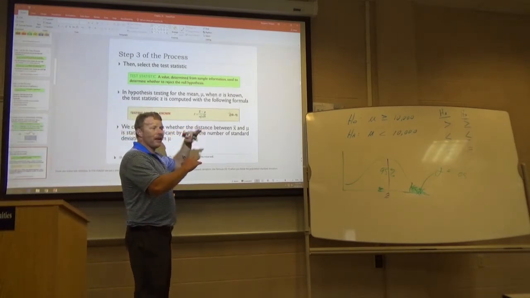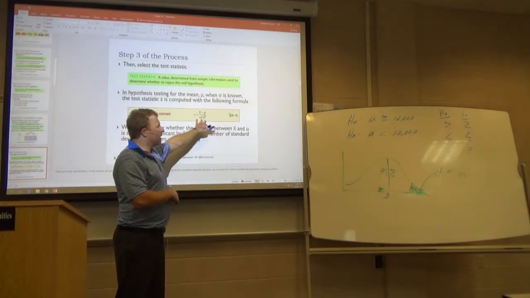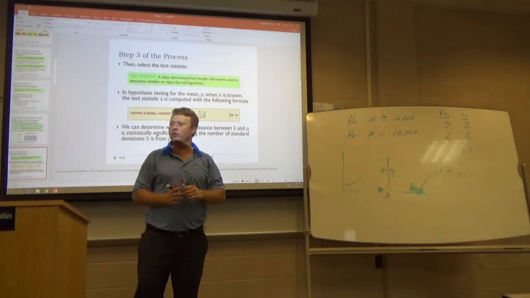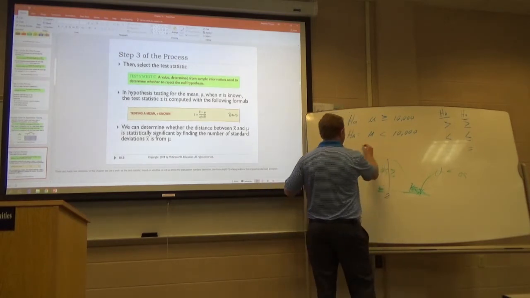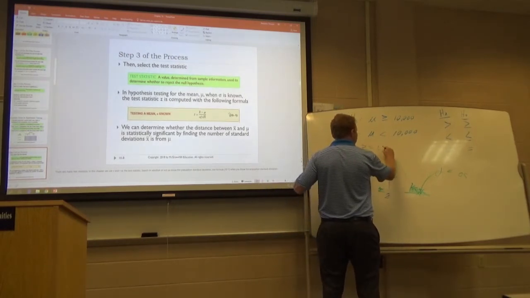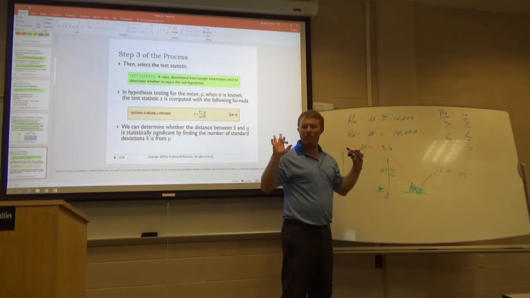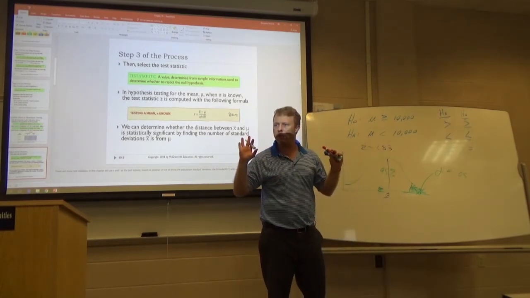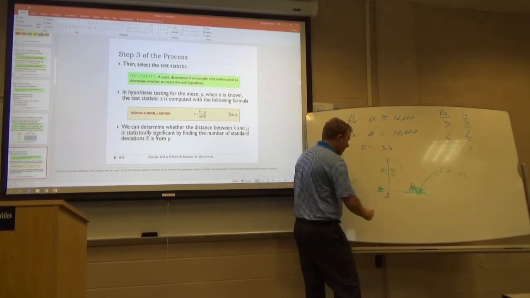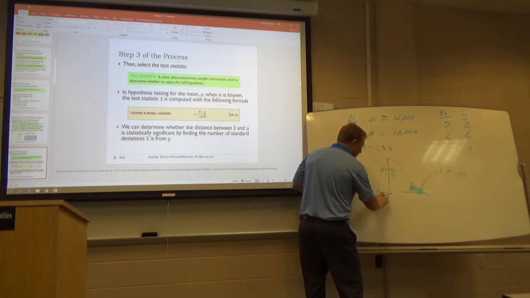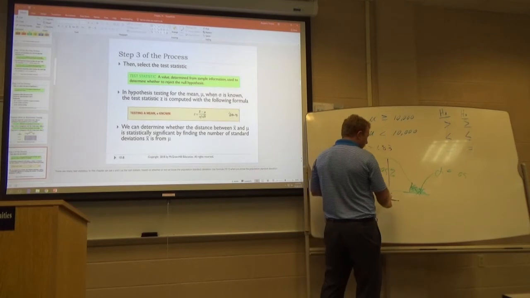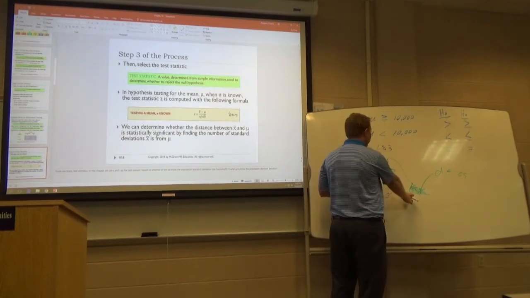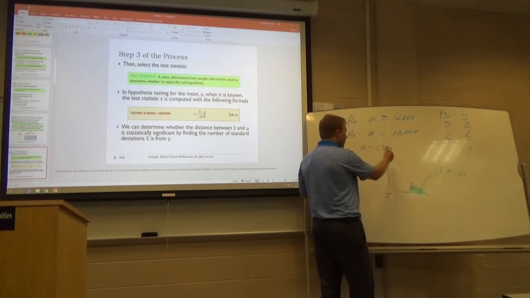Let's say we have a sample that's given to us in a problem, and we have the population data that's given to us in a problem, and we come up with z equals 1.83, let's say. I just made this math up, okay? 1.83. Okay, so we know this is 0, yeah? We know this is 0, don't we? So where does z, we know it's going to be positive. It's positive 1.83, okay?